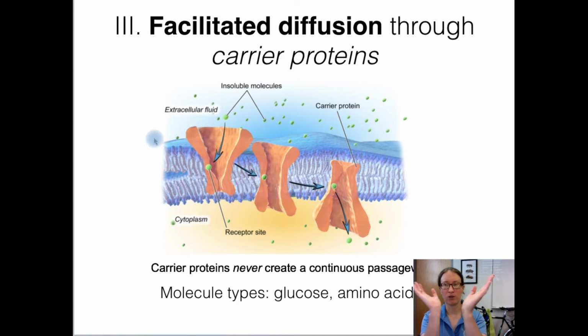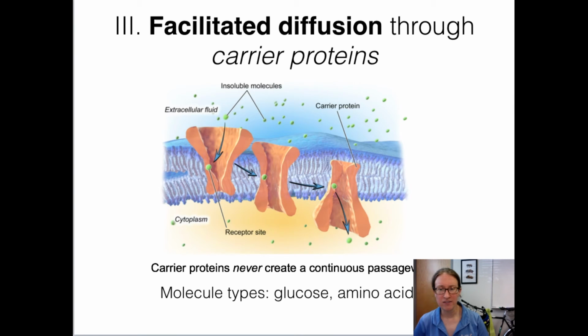So instead, these proteins actually change shape as the cell membrane bends and flexes, and as it does so, if the right type of molecule comes along, it can bind to the carrier protein, and then as the protein flexes and changes shape, that molecule can get released on the other side of the membrane. And so again, these never create a continuous passageway. And this type of carrier protein will often transport things such as glucose or simple amino acids.